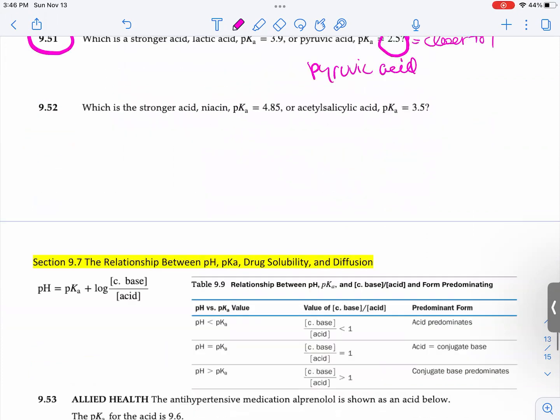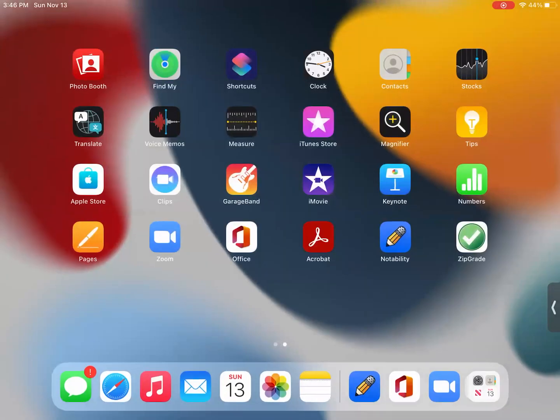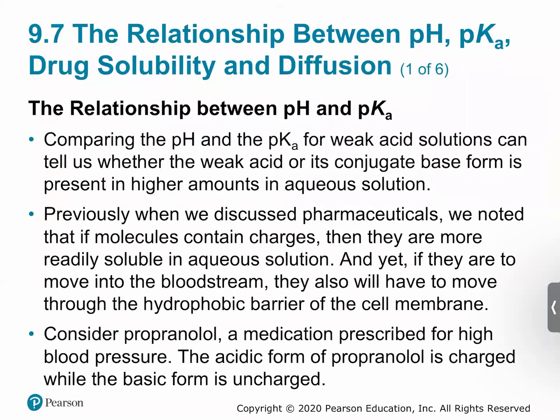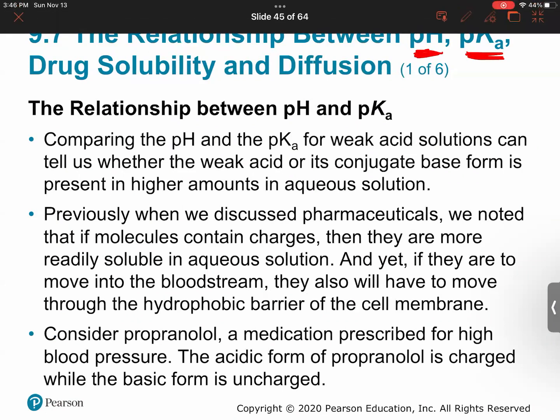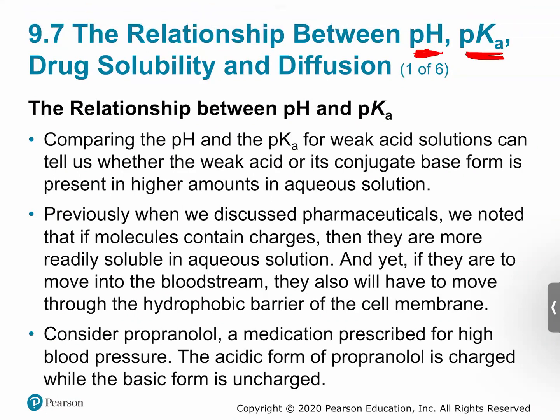Okay. All right, so now let's go back over 9.7. So here we're talking about the relationship between pH, all right? We're talking about ions here. pKa is talking about the strength, drug solubility, and diffusion. So we know that there's a relationship between pH and pKa.